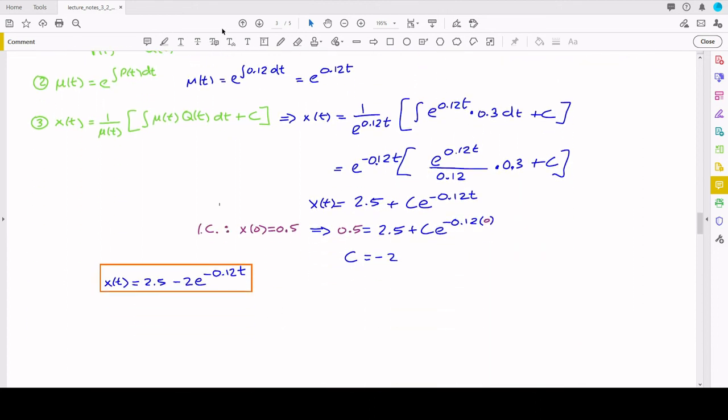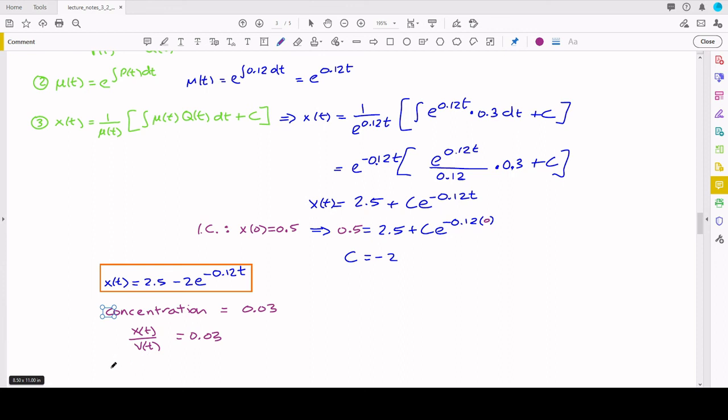We now want to figure out what is happening to the concentration. So concentration equals 0.03. Well, concentration is x of t over v of t. That's 0.03.